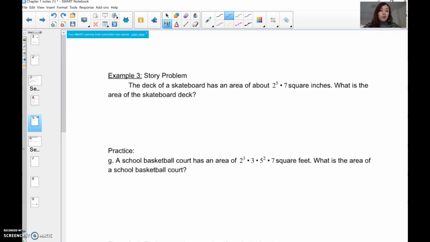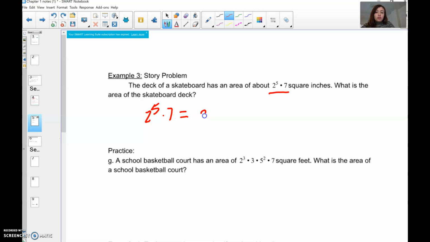Okay, our story problem. The deck of a skateboard has an area of about 2 to the 5th power times 7 square inches. What is the area of the skateboard deck? So this is just asking you to do the math. So you're just going to do in your calculator 2 to the 5th times 7.